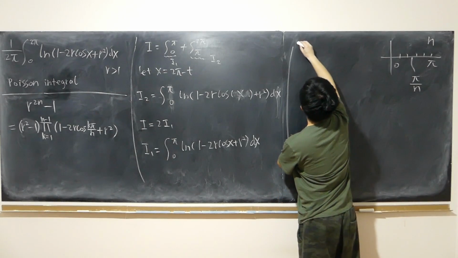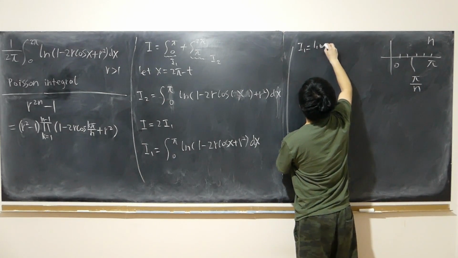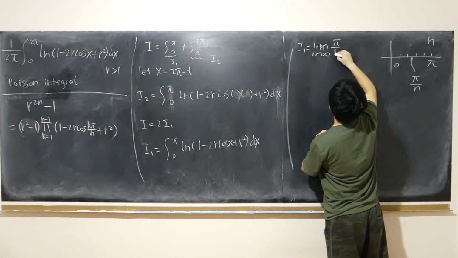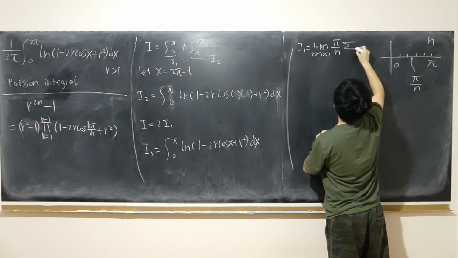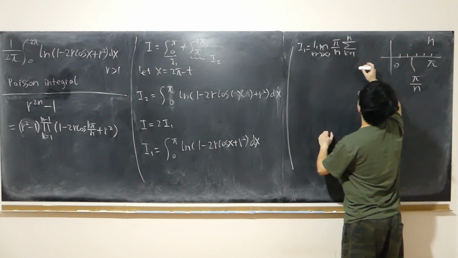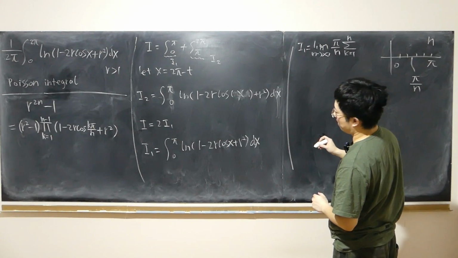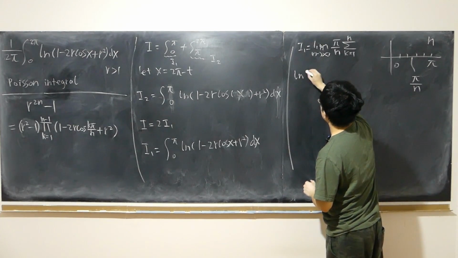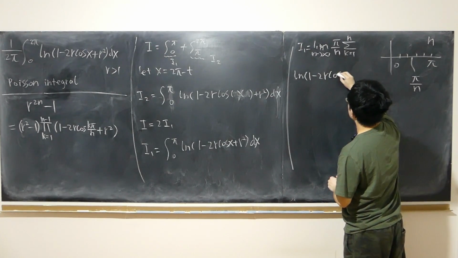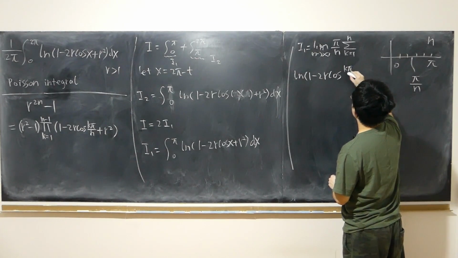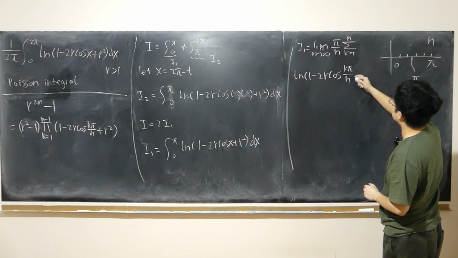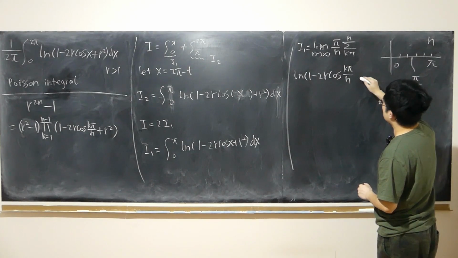So I1 is equal to the limit as n approaches infinity of pi over n, the width of each small interval, times the sum, k goes from 1 up to n, of log of 1 minus 2r cosine k pi over n, taken at the right edge of each small interval, plus r squared.